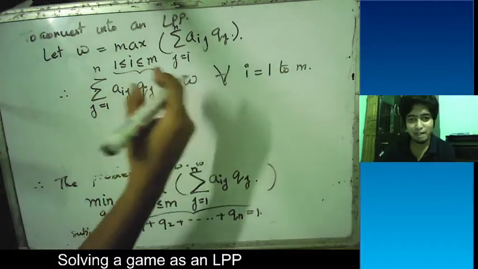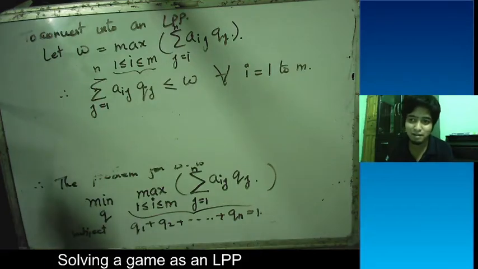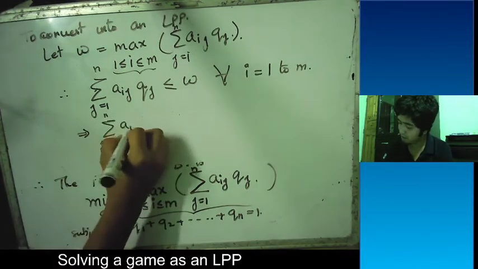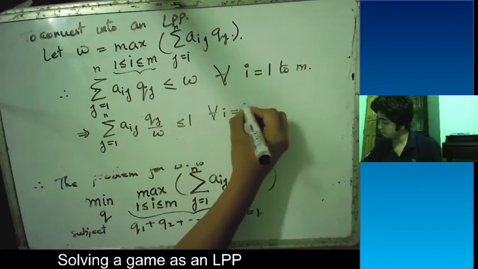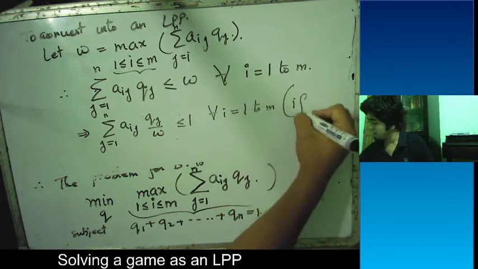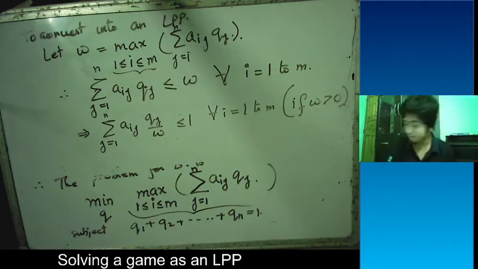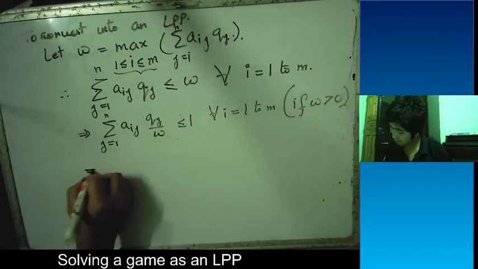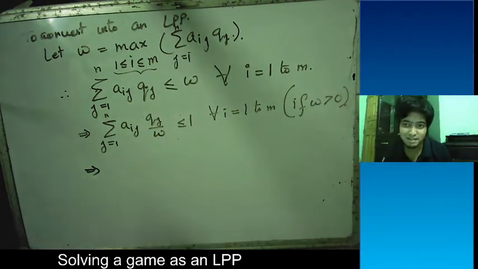Now what we can do, we can divide the whole thing by W, which is positive. We can really do that just by adding some positive constant at the very beginning. So summation j equal 1 to n Aij Qj by W is less than or equal to 1, for i equal 1 to m, if W is greater than 0. Next, we can replace Qj by W with another variable.